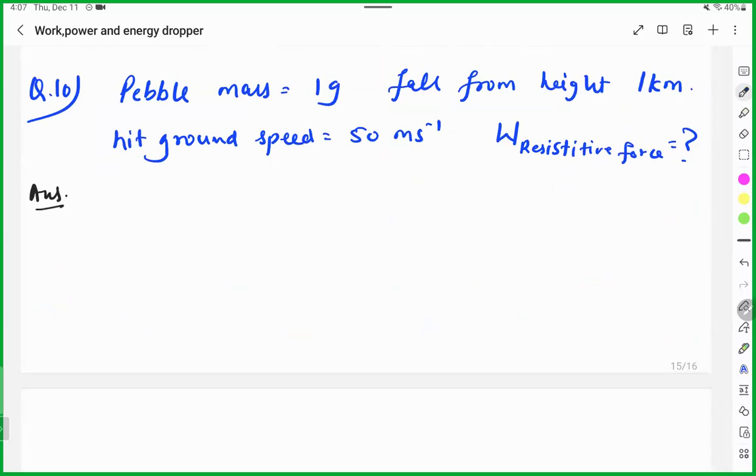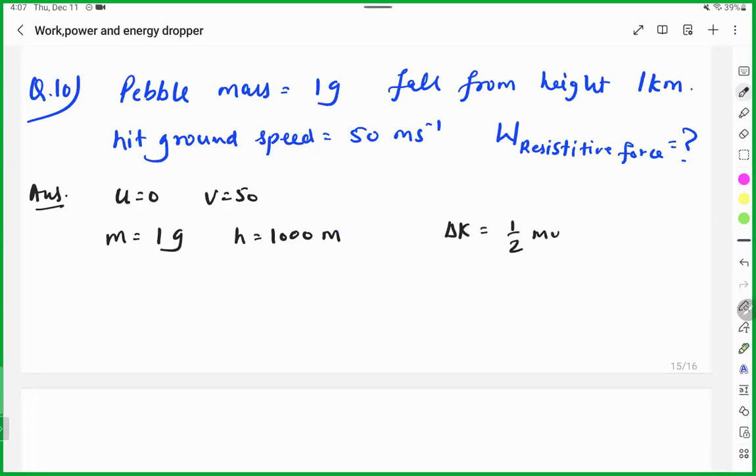So you know they are dropped. So u value will be 0. V value is 50. Mass is 1 gram. Height is 1 kilometer, so 1000 meter. Correct? And in this case, if you calculate change in kinetic energy, it will be the final minus initial.